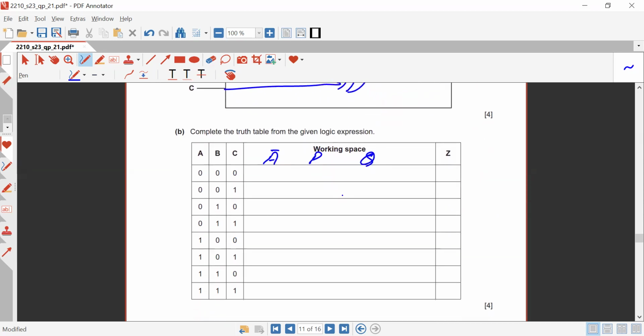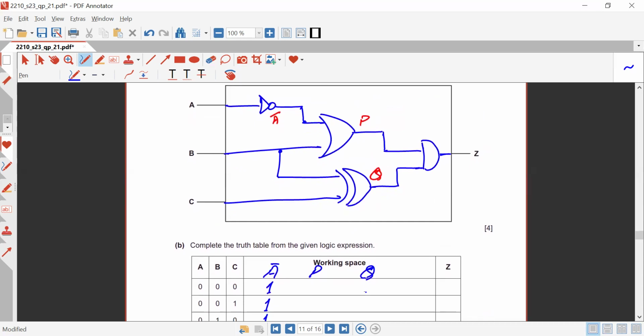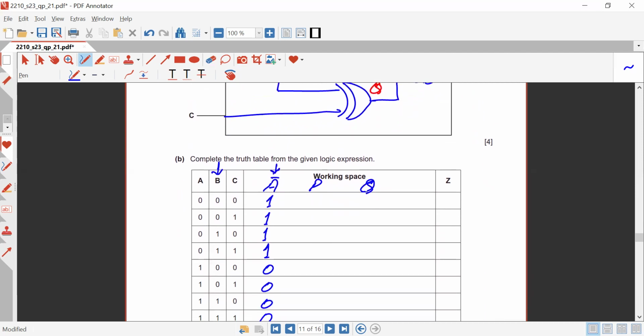A bar is actually the reverse of A. So it will be 1, 1, because zero over there, again a 1, and then 4 times 0. Now P is actually an OR gate between A bar and B, so this one and this one. An OR gate says if any of the inputs is high, it will be high. So that means the first 4 will be straight away ones.